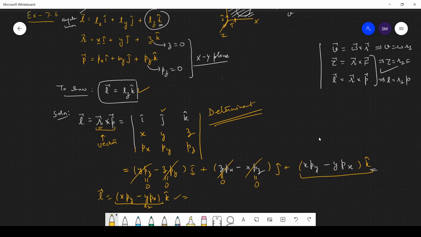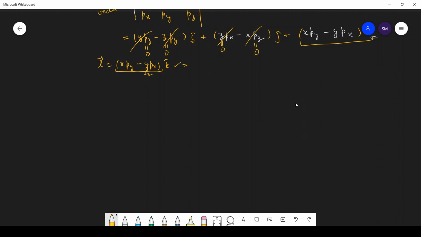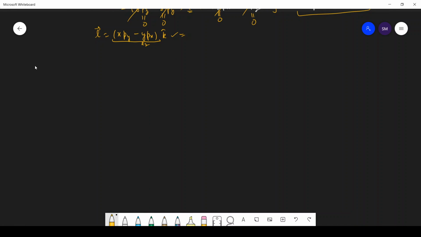Okay, let us do one more question based on this angular momentum. Next question, exercise question 7.7. So students, here we have two particles, each of mass m. So they have the same mass and same speed. Here we have this x-axis, this is the y-axis, and we have two particles: this is the first particle m1 and this is another particle m2.